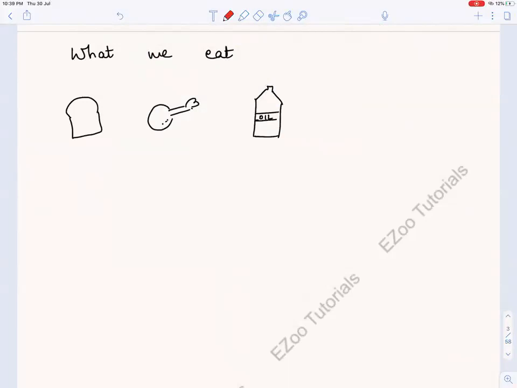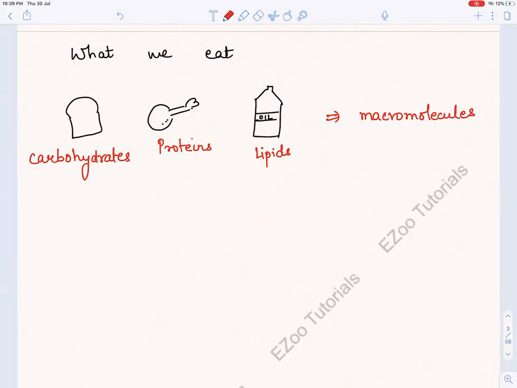What do we eat? We eat carbohydrates, right? We eat proteins. We eat lipids, okay? And these are what? These are macromolecules. The body says, oh, I can't digest those, I can't absorb these.